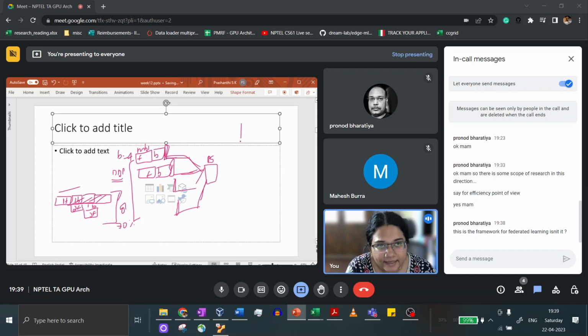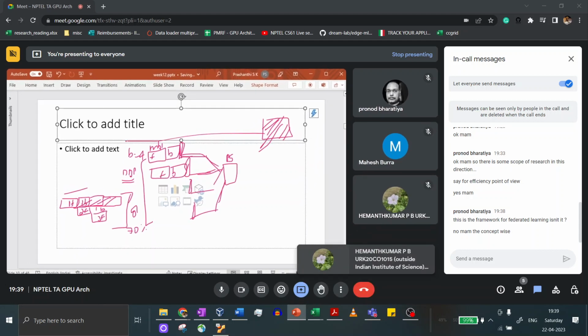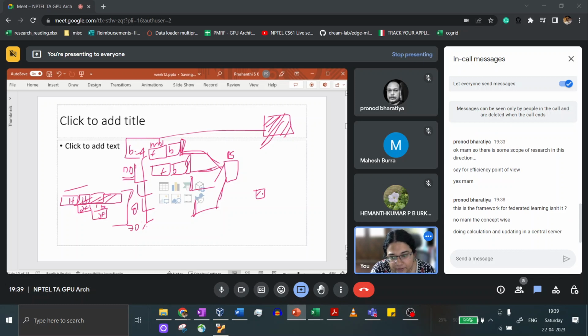So for instance, let's say I have all my data in a particular storage, and what I simply do is partition this and send this to different GPUs, right? That is traditional distributed learning. In federated learning, you don't actually do this, as in if certain data is generated on a device, it is kept on that same device.